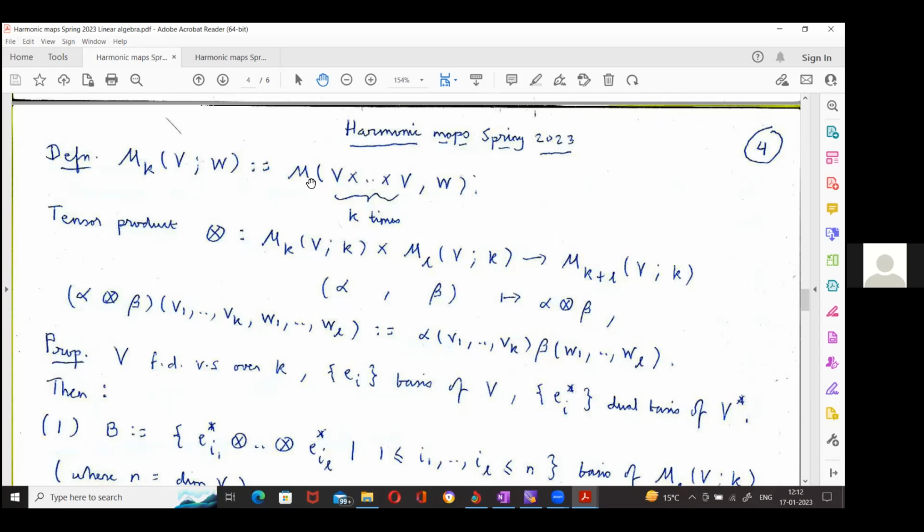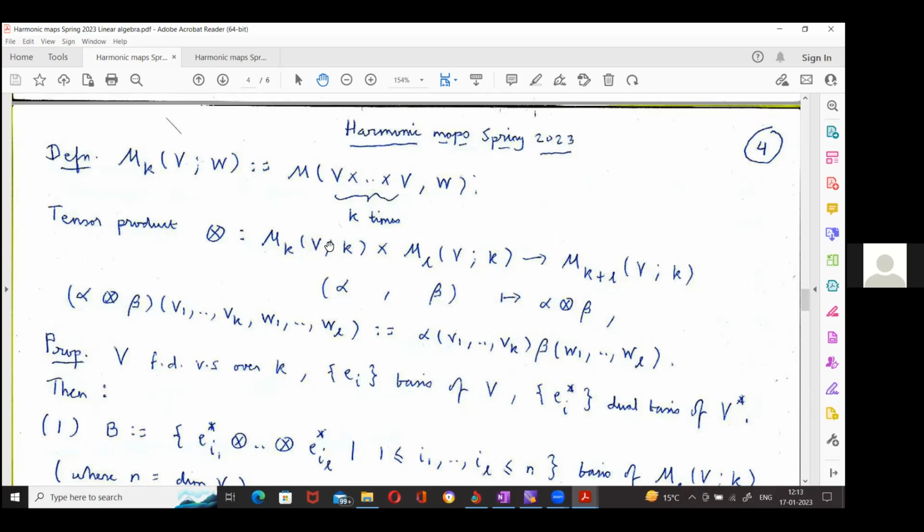This is the set of multilinear maps from V cross V cross ... V, k times, to W. These are called k-multilinear maps, multilinear maps of k variables. Now, this is bad notation, I'm sorry. There are two Ks here. This K here is the field, and this should not have been a K, but that's a mistake I made. This k is meant to be the number of factors, the number of variables.